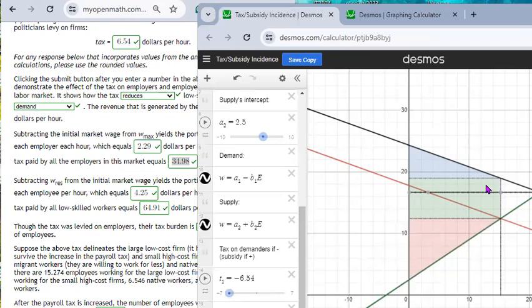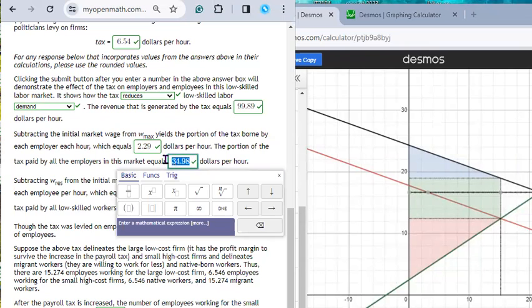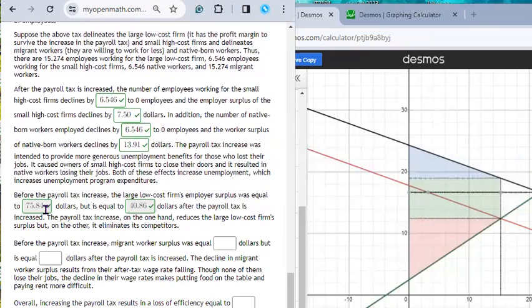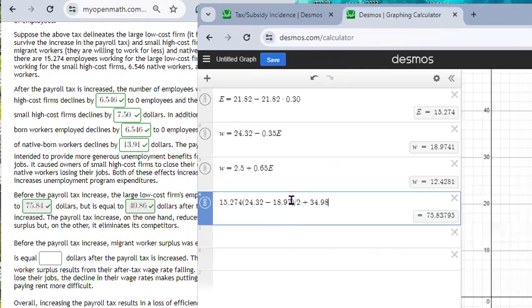It includes this upper green rectangle and this blue triangle, because this is the firm surplus prior to the tax to the low-cost large firm, right? So we have to add that area. This area here, if you remember right, is 34.98, right? So we have to add that to this blue triangle, which is what we did here, 75.84. So by changing this value here, I get the right number, 75.84, right?